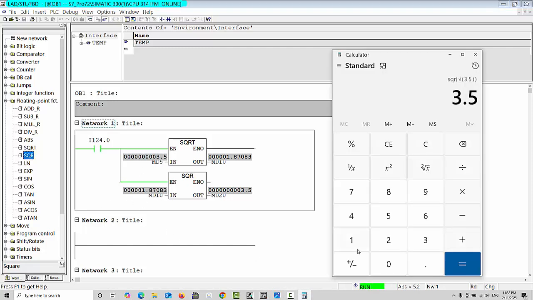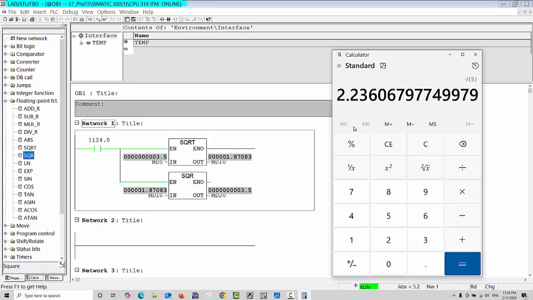For example, one squared is how much? One. And the square root of one is one. Two squared is four. Same, when you put the square root of four, this is two.